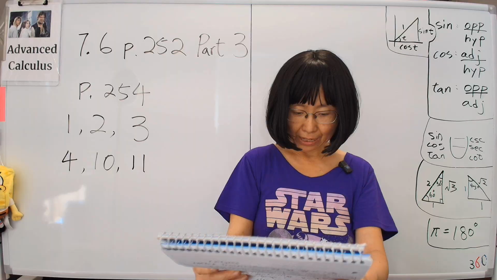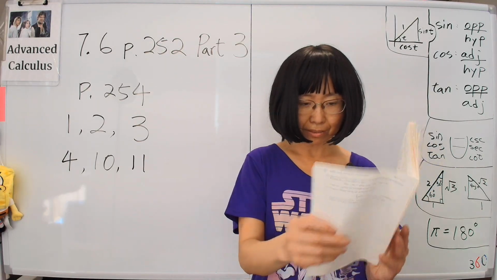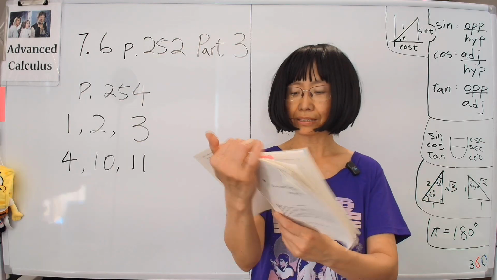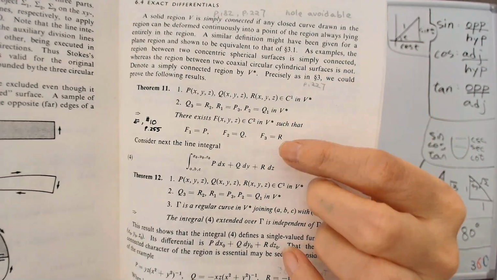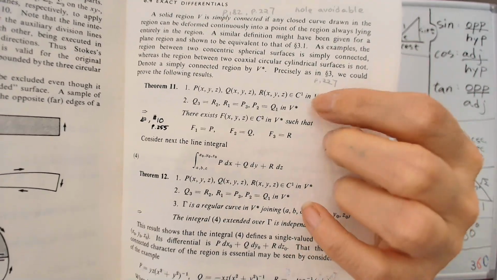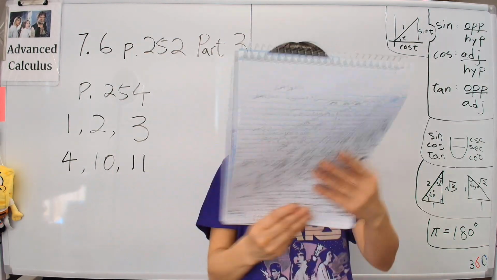And next, problem 10. Problem 10 is about proving theorem 11 backwards. That is, theorem 11 proves forward, in the sense that this stuff proves this is the case. Now we have big F, and we need to prove that this is true. That's much easier because it's just a matter of mixed partials being the same.